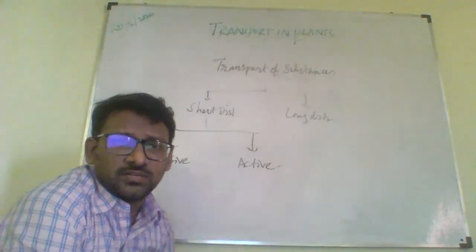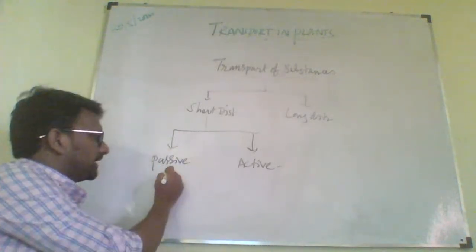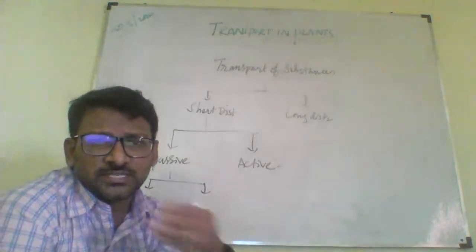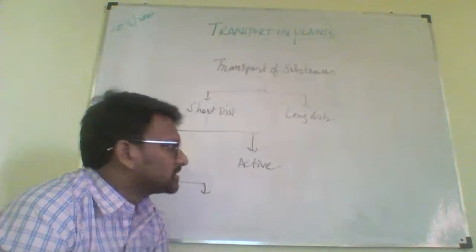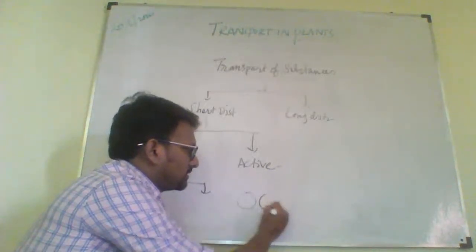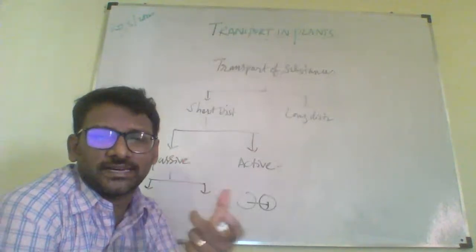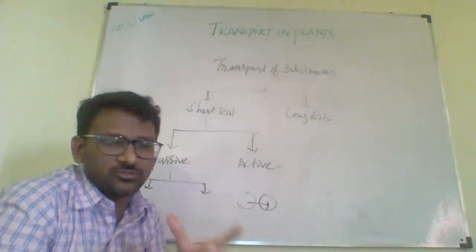Within passive transport, here it is a simple diffusion actually. It means from cell to cell, these components will be simply diffused based upon certain criteria. This is passive transport.